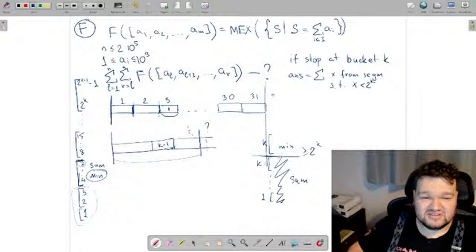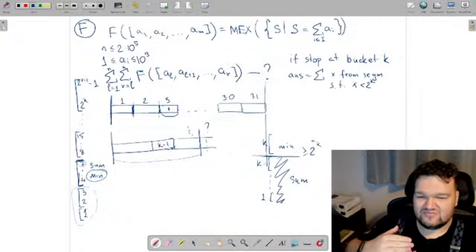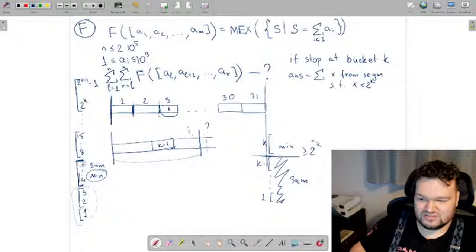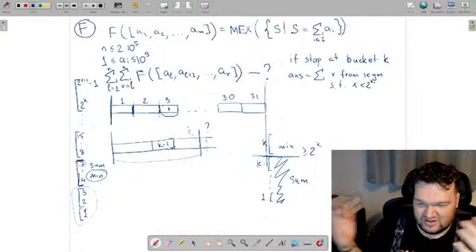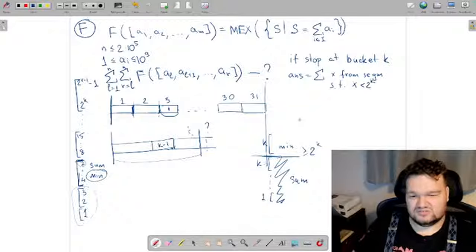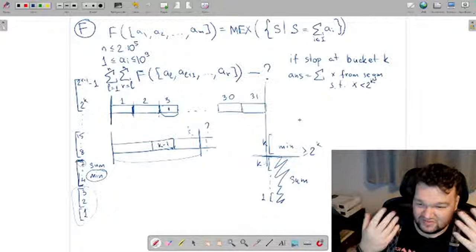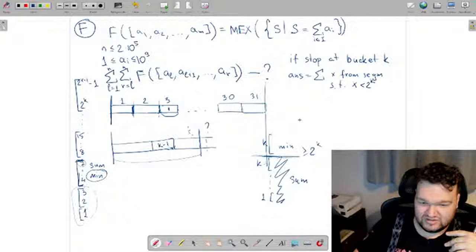But what is big and small only depends on k. So for every k we can pre-calculate some data structures that we need. For a fixed k, we need to calculate sum of small values. That's just prefix sums if we replace big values by zeros. And we need minimum over big values. Now we replace small values by infinities and create some data structure that allows us to calculate minimum, for example, sparse table.